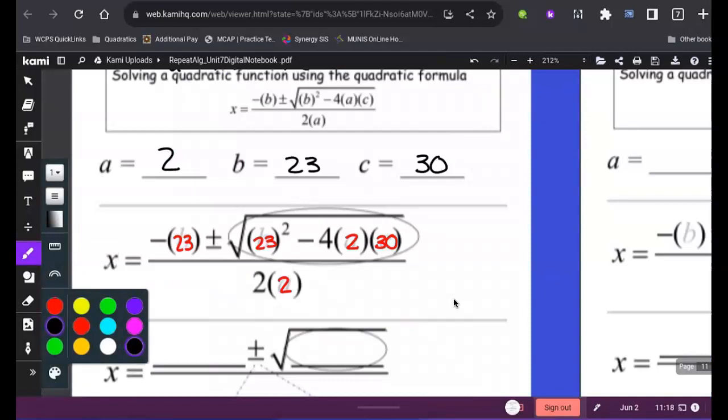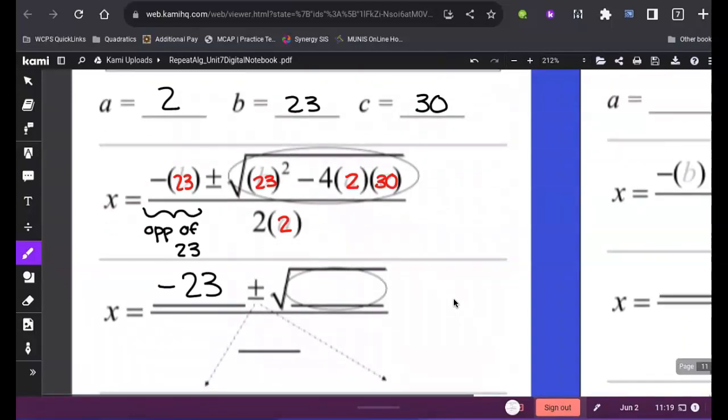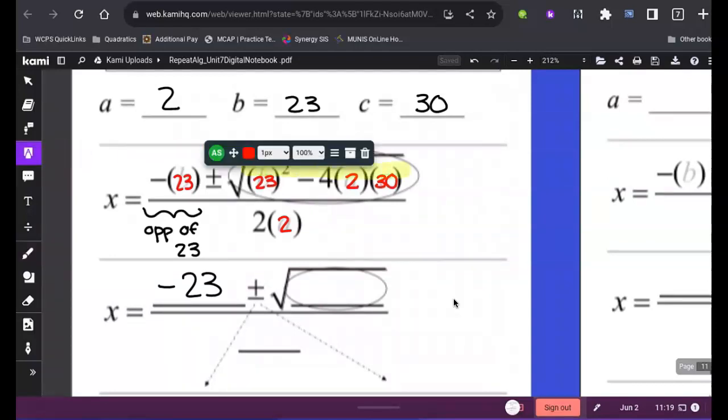So we have to take the opposite of 23. The opposite of 23 is negative 23. And then all of this that is circled, we're going to put into the calculator and figure out what this is equal to.